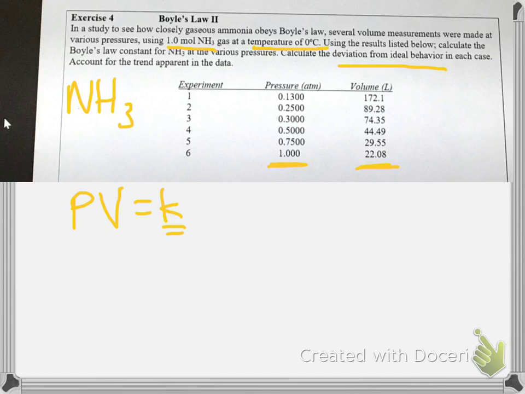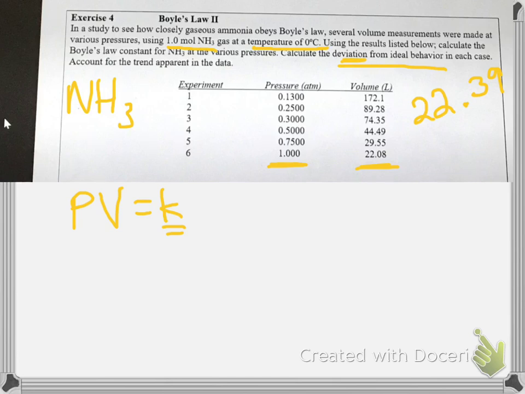Now in this case, with 1 mole at 0 degrees Celsius, our PV, our constant here, so P times V, should be 22.39. And you'll often see this written as 22.4. So that will be what K is, what our Boyle's constant should be.